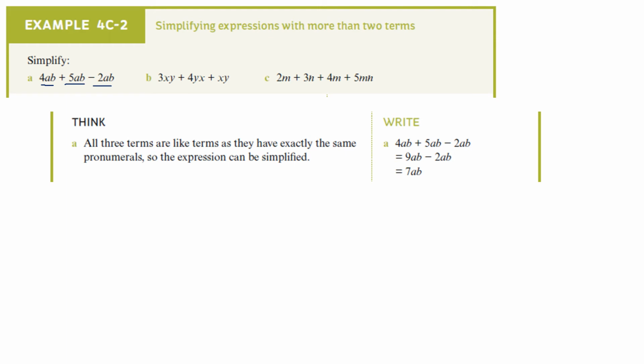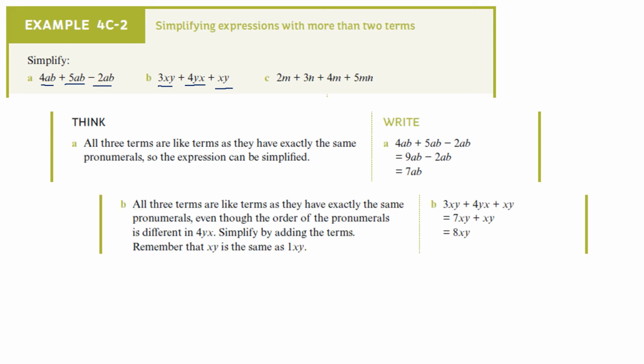Question B, 3xy plus 4yx plus xy. Now the previous example in the key ideas slide, I said to you that even if the letters are switched, if they are identical, they are still like. So yes, these are all like terms.